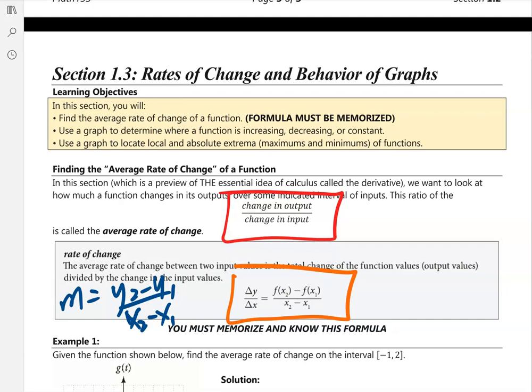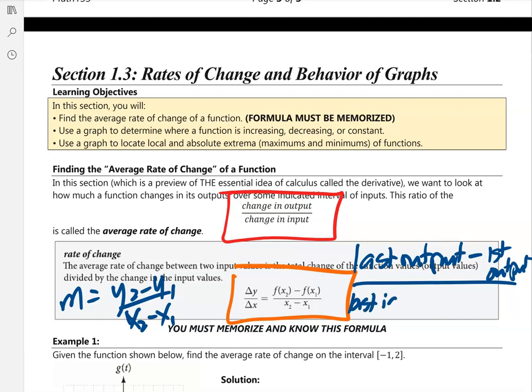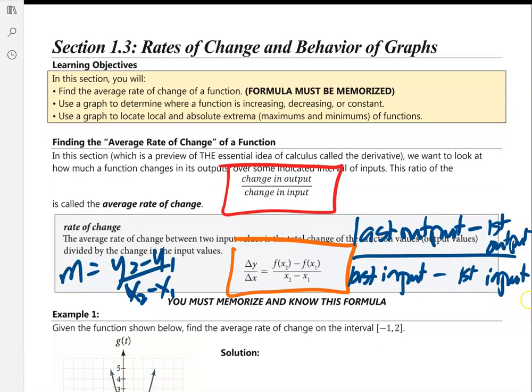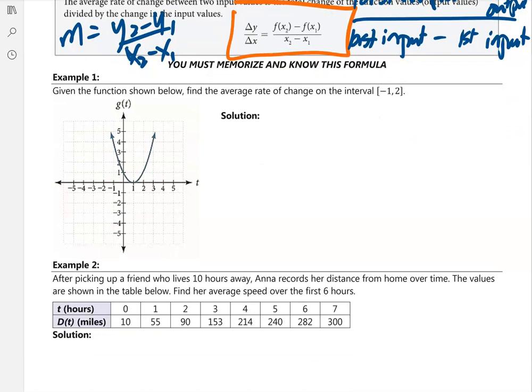Meaning the last output minus the first output, all over the last input minus the first input. Okay, let's try it here. Again, you must memorize and know that formula.